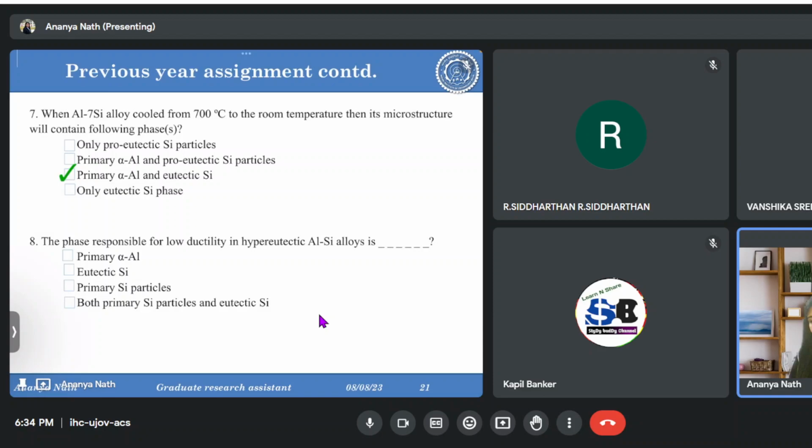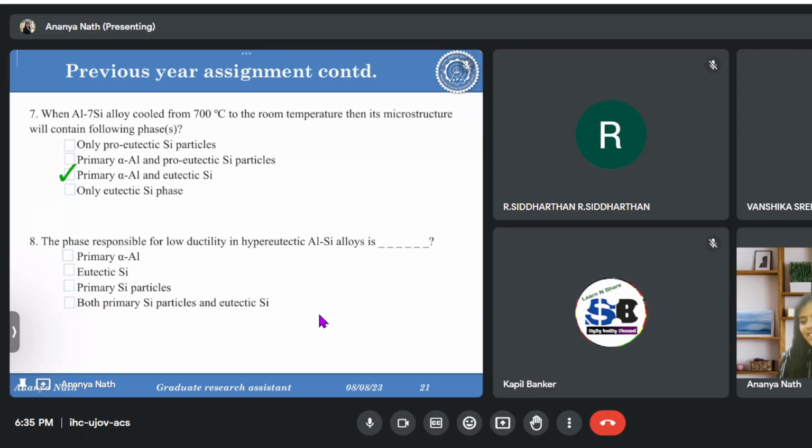Okay. Next, the phase responsible for low ductility in hyper-eutectic aluminum silicon alloy is... this is a very common answer. Primary alpha aluminum.